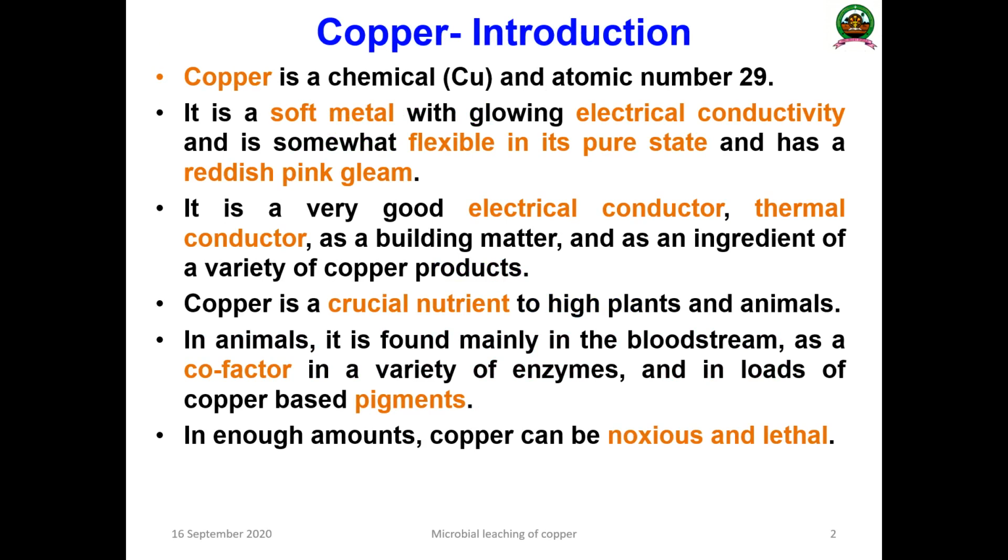Before we go to the details about copper leaching, we should discuss some basic and preliminary aspects of copper, which you have already known. Copper is a chemical that is commonly present in the environment. Its formula is Cu, and its atomic number is 29.